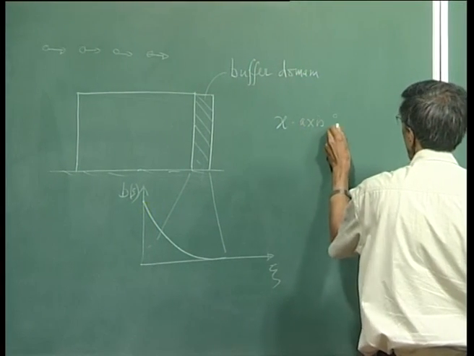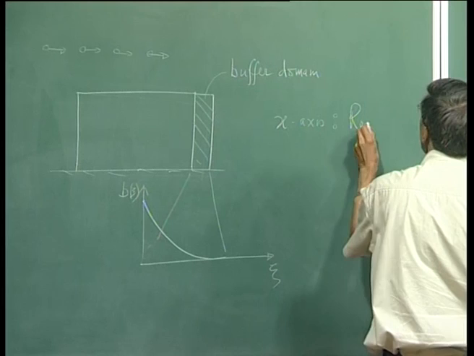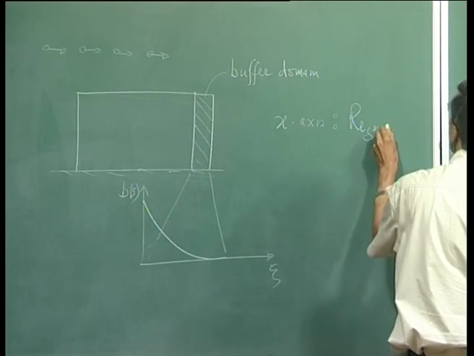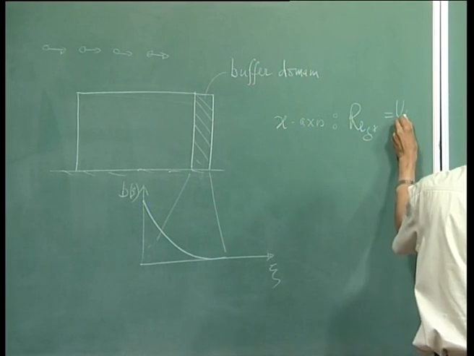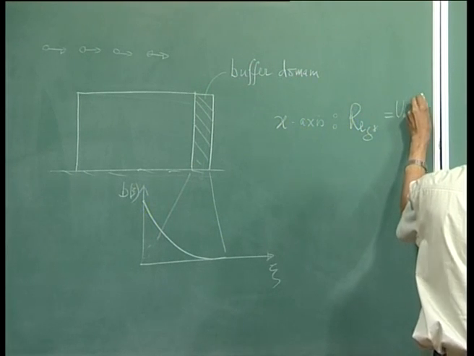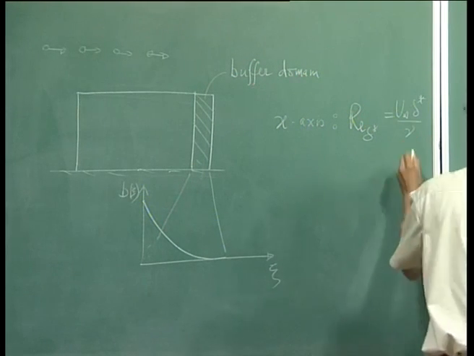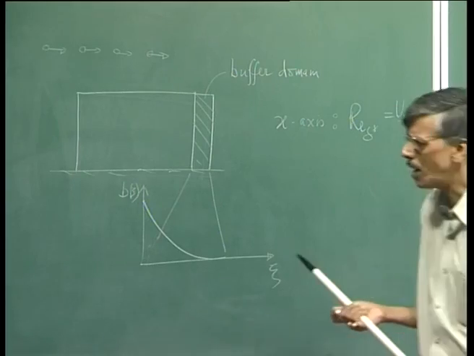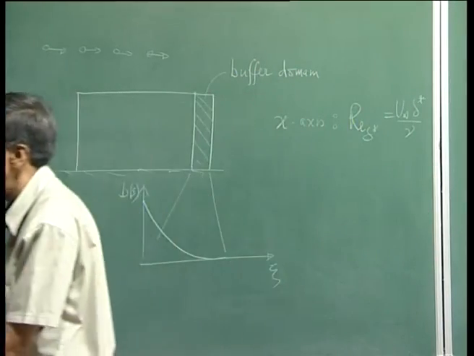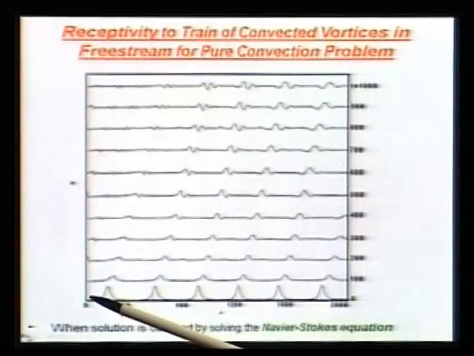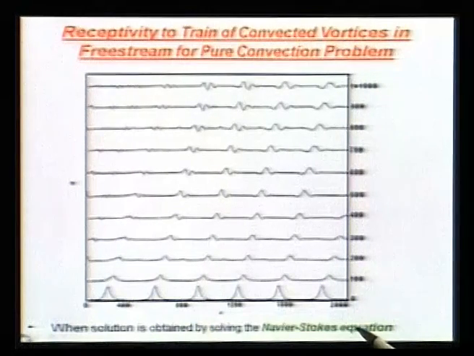The x axis that you are seeing in this figure is your RE delta star, that means u infinity delta star over nu. We have computed in a domain which probably starts off around 160 or so and goes on till 2000 RE delta star.